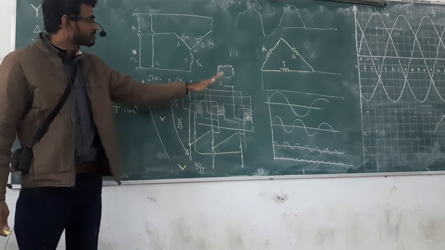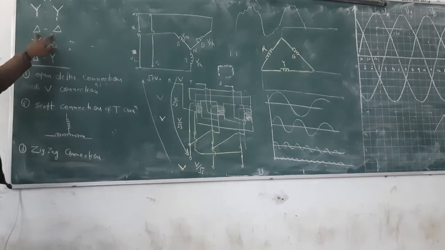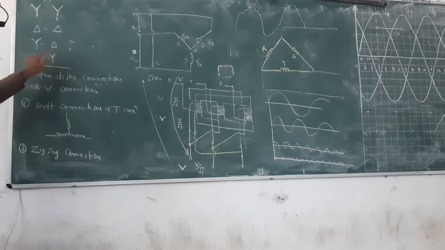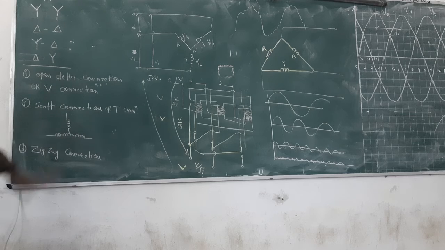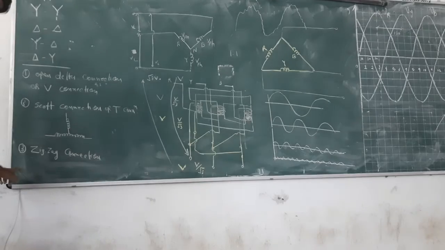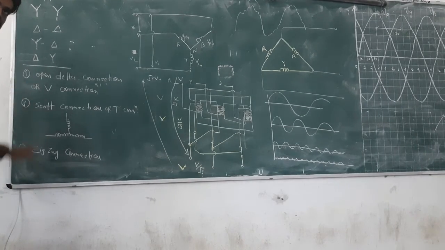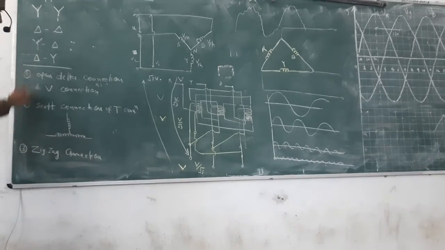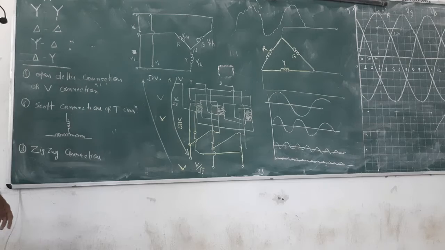On the next page, explain star-star, delta-delta, and star-delta-star. In this way you have to explain the core connection. Then open delta, Scott connection, and zigzag connection: go through them, and if you understand them, you can write them down. Otherwise, you can leave them, because at first year level this is a little bit confusing.